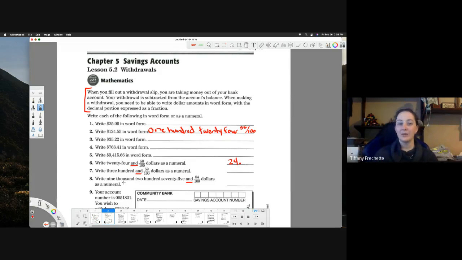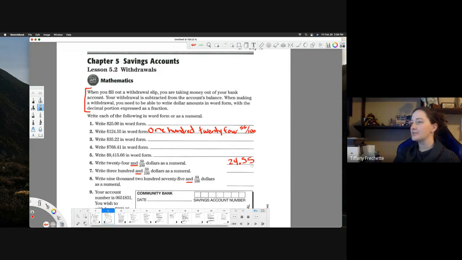Students tend to use and when they're talking about very large numbers, like $150, I've heard that before. That's not where you would use and. And means it's a decimal. So it's $124.55. So that's why we use that word: and, decimal, 55 cents. Just like that. All right, so I'm going to let you do the rest of those.